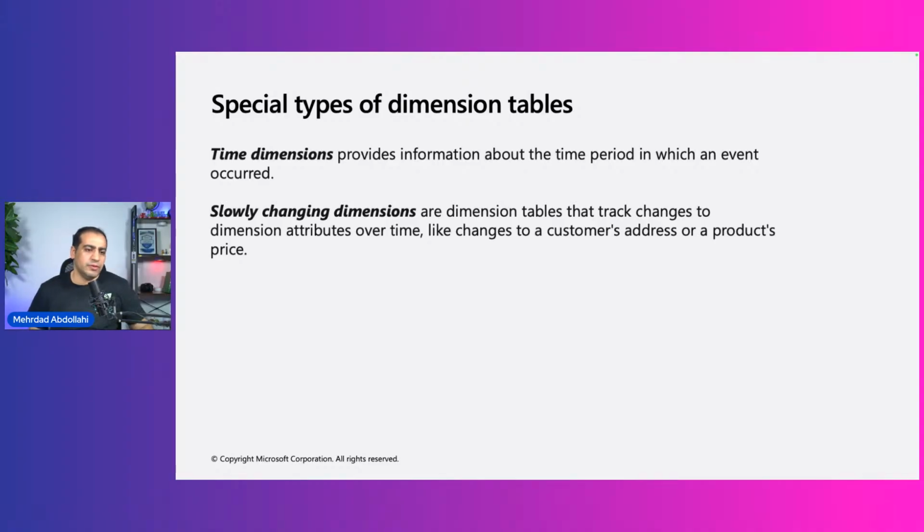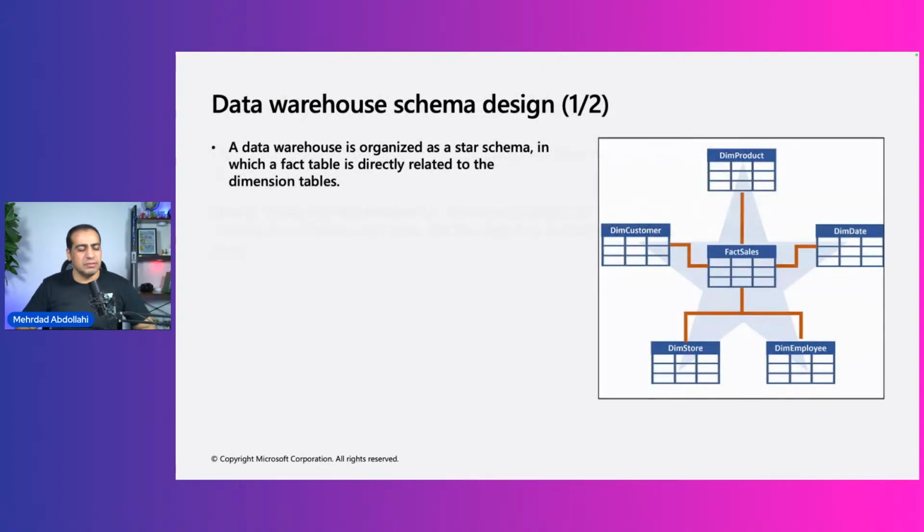And also, one type of dimension is the slowly changing dimension, where one of your dimensions, like a customer location, keeps changing, right? Or changes after a while, and you want to count your records and aggregate your fact table based on the valid value for that specific column. Then we create this slowly changing dimension. We will talk about that in more detail.